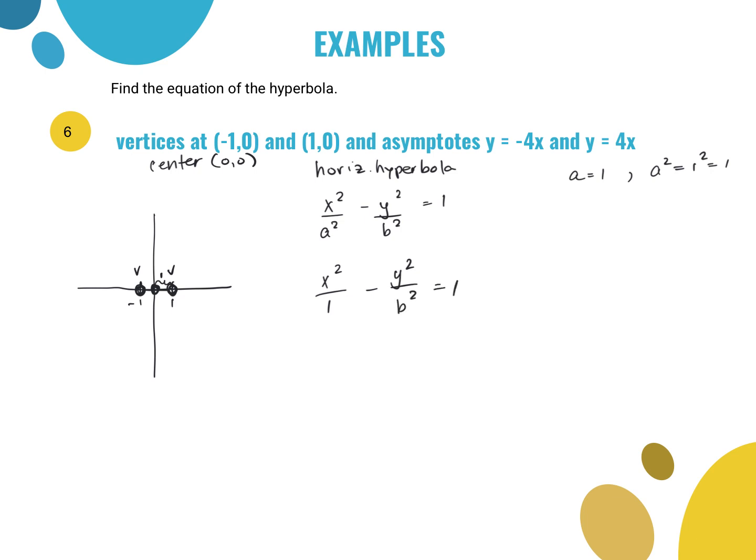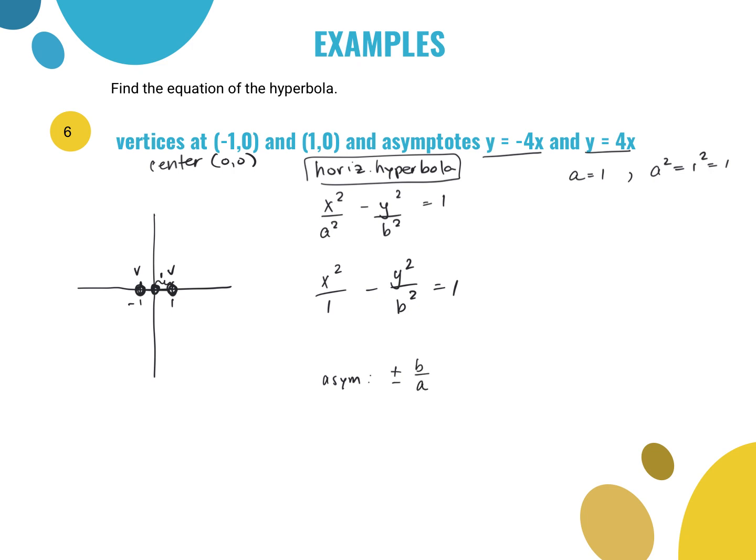So let's see what else I was given. It tells me that my asymptotes are located at negative 4x and 4x. So since it's a horizontal hyperbola with the center located at 0, 0, the asymptotes are plus or minus b over a.